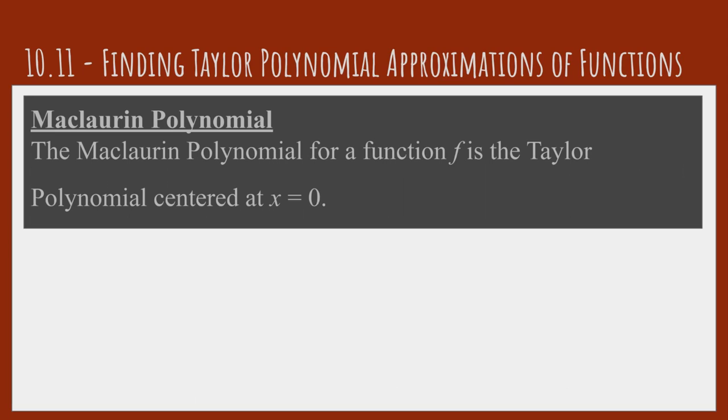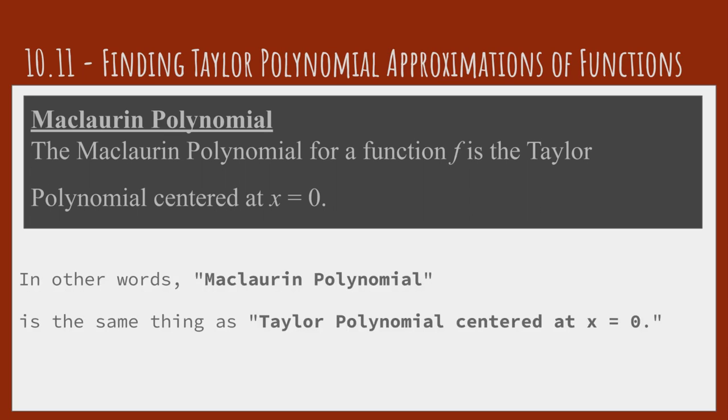Another definition, a Maclaurin polynomial is a Taylor polynomial, but centered at x equals 0. So in other words, another way of saying Taylor polynomial centered at x equals 0 is just to say a Maclaurin polynomial. Maclaurin polynomials are generally easier to work with because we're plugging zeros in.